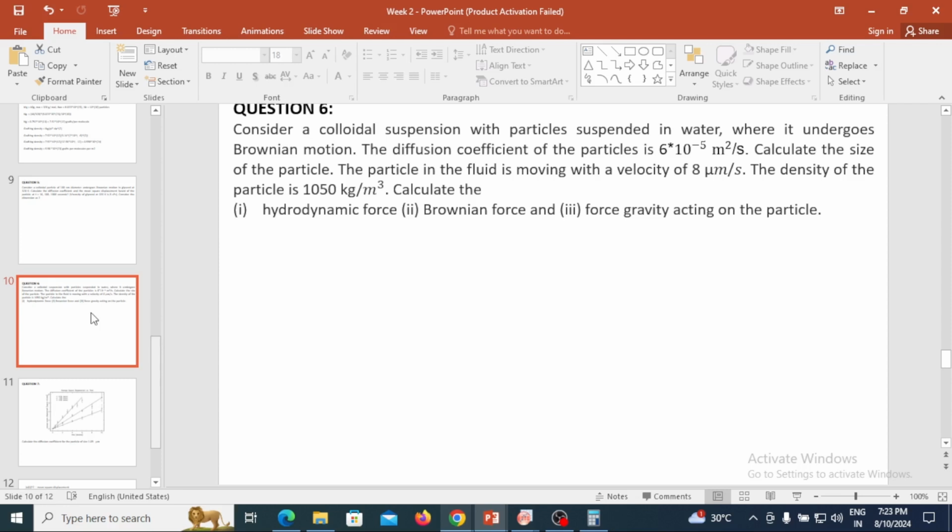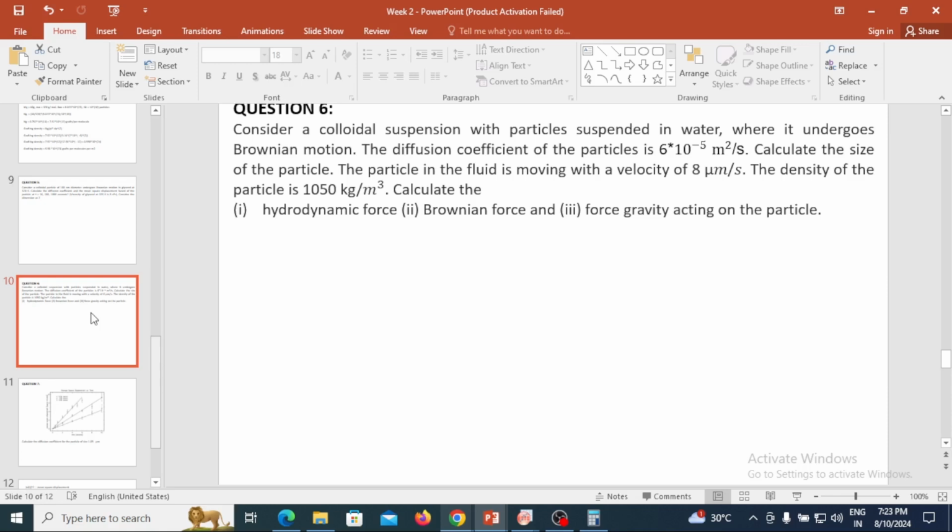They are saying that consider a colloidal suspension of particles in water and it undergoes Brownian motion. The diffusion coefficient is given as 6 times 10 to the power minus 5 meter square per second. They are asking us to calculate the size of the particle.